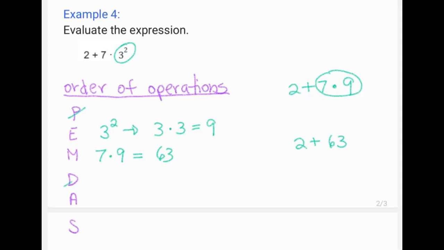I do not have a division, so I'm going to skip that one. The next one is addition, which I do have. So we're going to add our 2 plus the 63, and that should give us then 65. And there is no subtraction, so we are done with this problem with our final answer as 65. So that is the lesson for exponents.